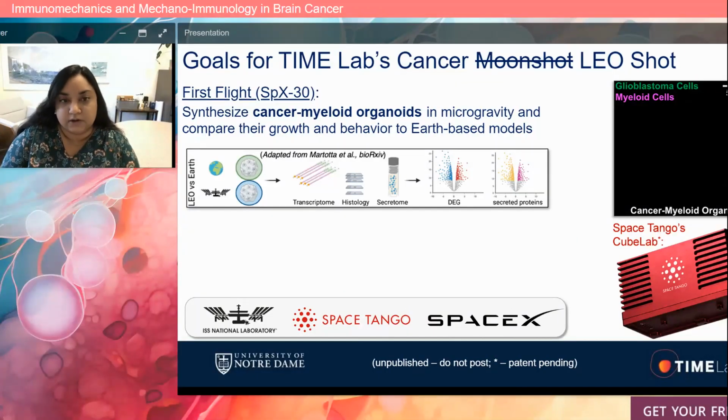But really our goal is to synthesize these cancer myeloid organoids in microgravity on the International Space Station and to compare the growth and behavior of those organoids to ground-based models here on Earth using a variety of methods, including RNA sequencing, staining, and proteomics as well.